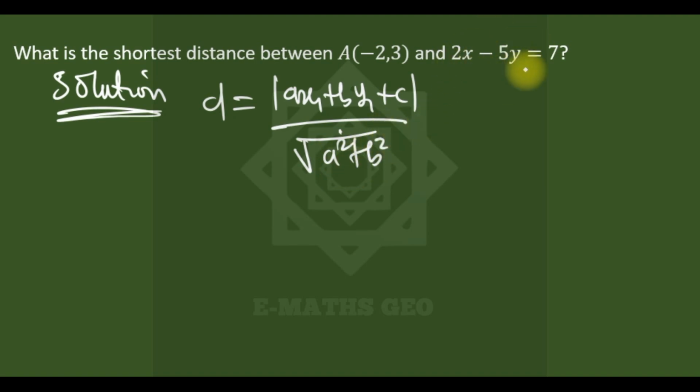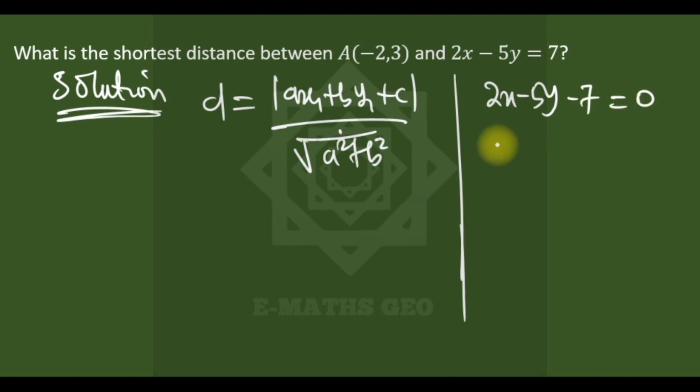So from here, you see that the line is 2x minus 5y minus 7 equal to 0. So you must transform it to the form ax plus by plus c equal to 0 before you start. So from here, our a is 2, our b is minus 5, our c is minus 7.